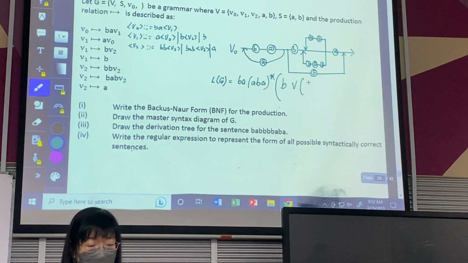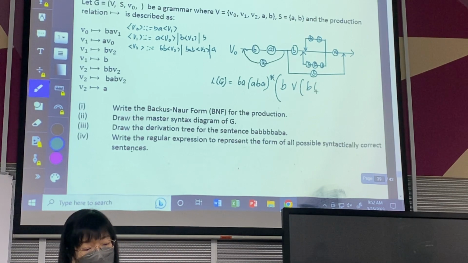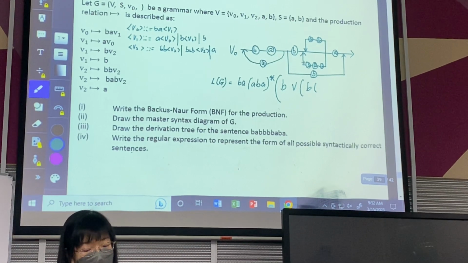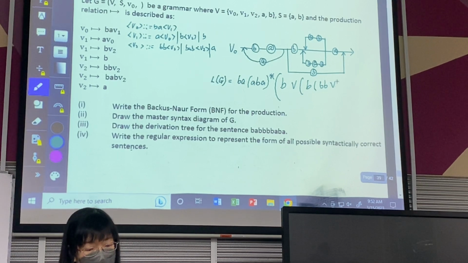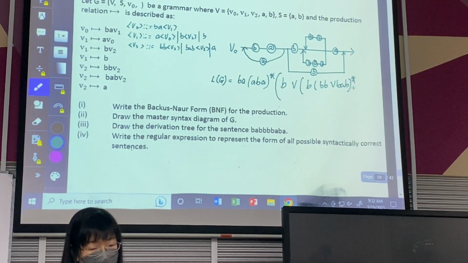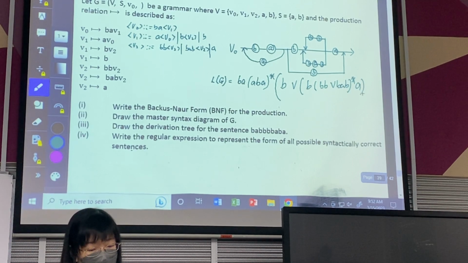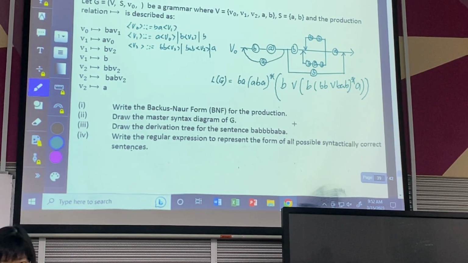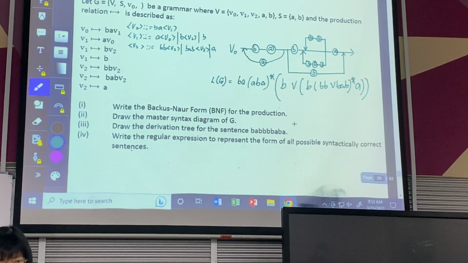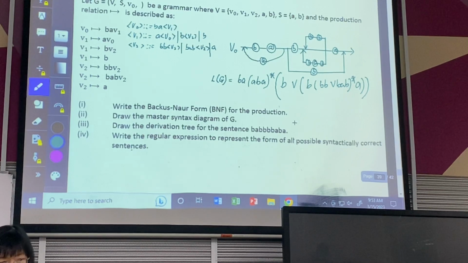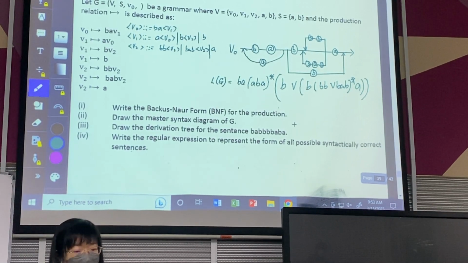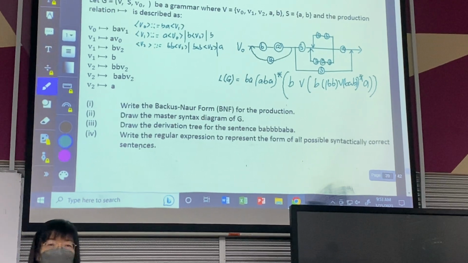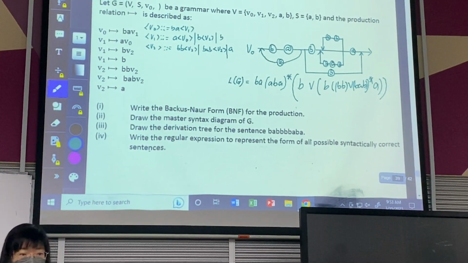Or if I go to BV2, I will have B, then this is a loop, another bracket, either I loop BB or I loop the BAB, BB or BAB asterisk, and the last one is A. To be more specific, you can put the bracket for BB so that you won't confuse, but it will be too many. The correct way to write, actually, we need to put a bracket.